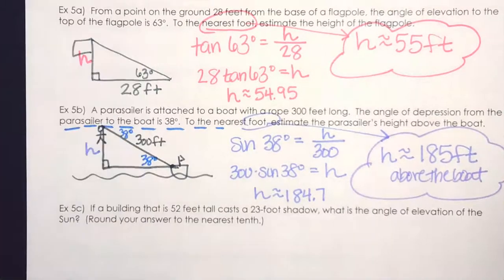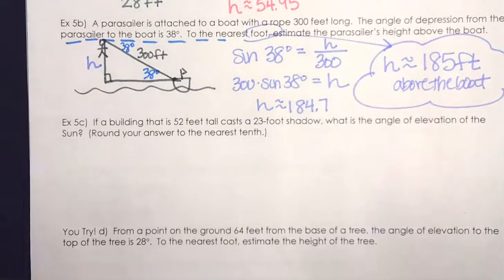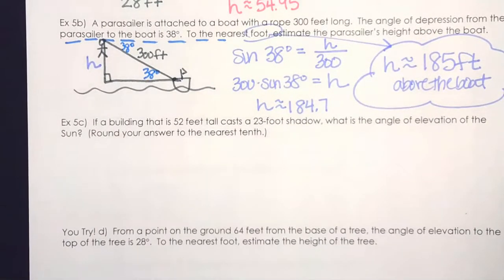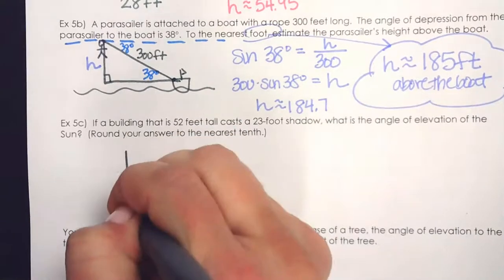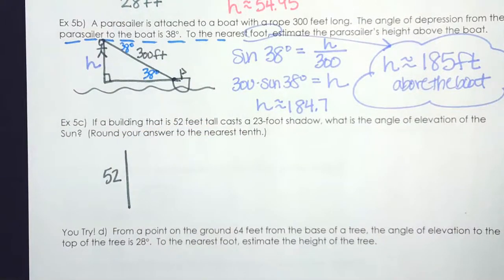Okay. Let's try one more review problem. Example 5C says if a building that is 52 feet tall, okay, casts a 23-foot shadow, where does the shadow end up?